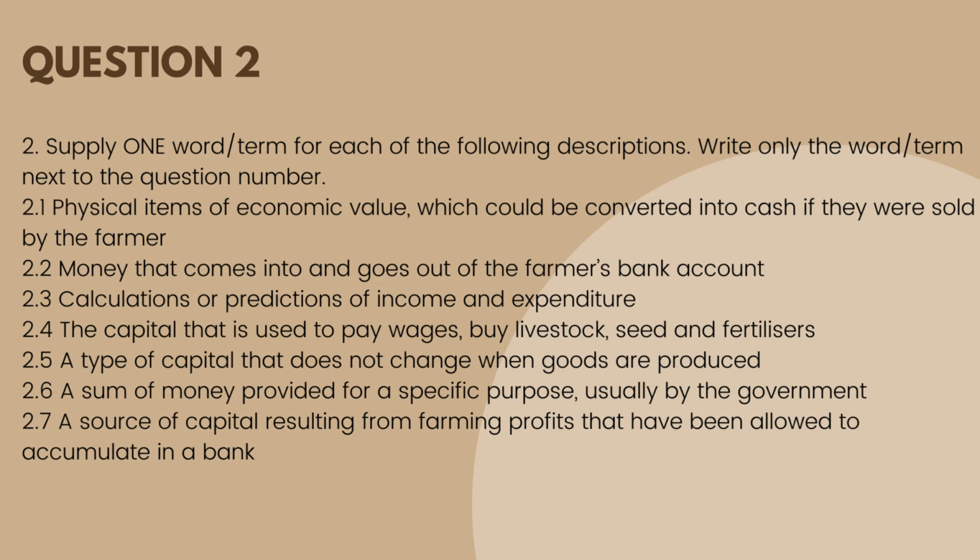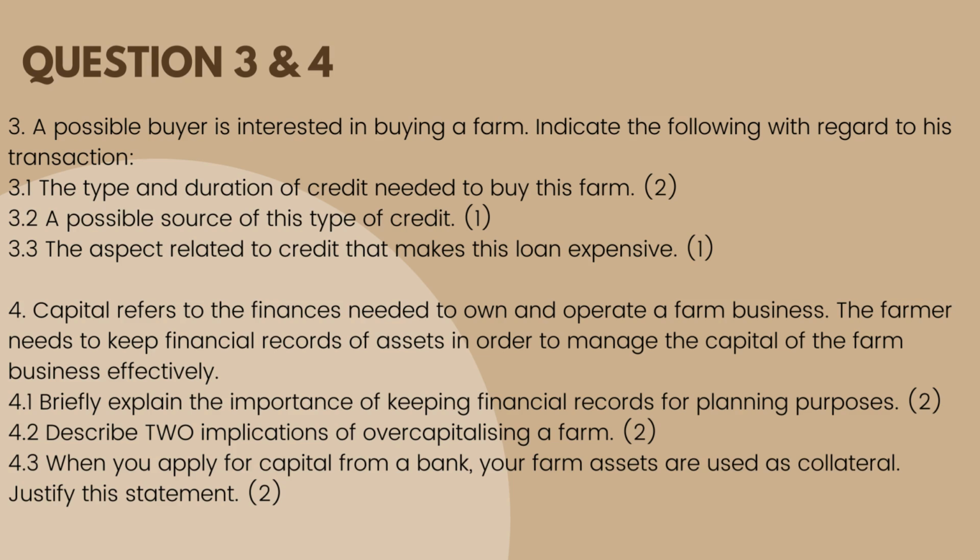A source of capital resulting from farming profits that have been allowed to accumulate in a bank. So these are your own capital or savings. Remember, the farming profits are yours. So this is your own money, right? Okay. Now let's continue.